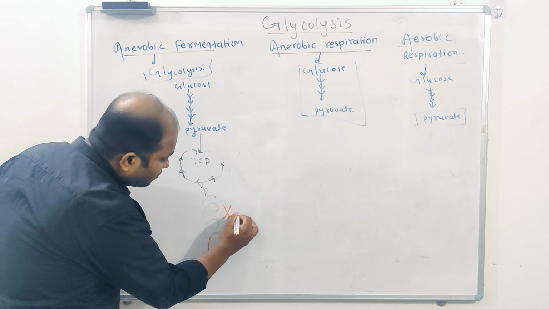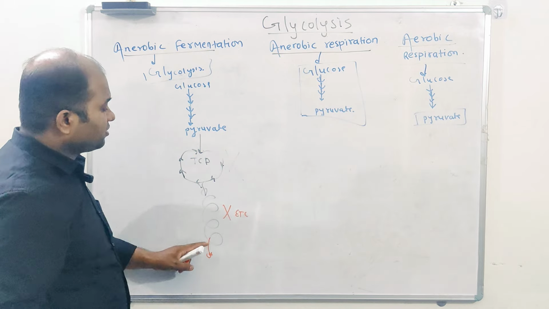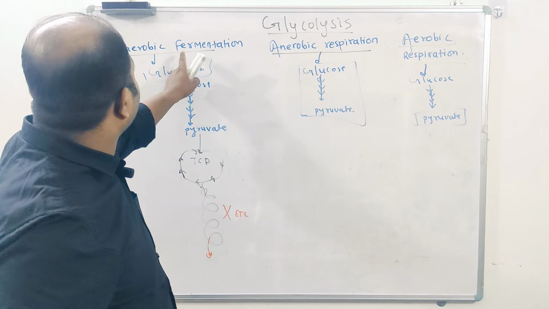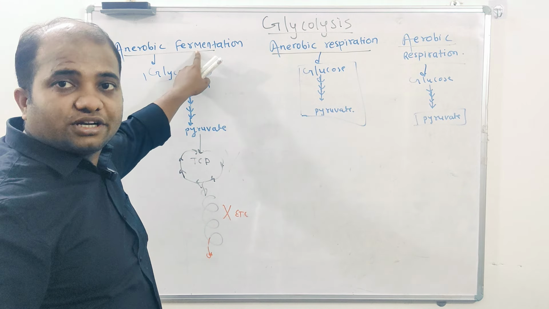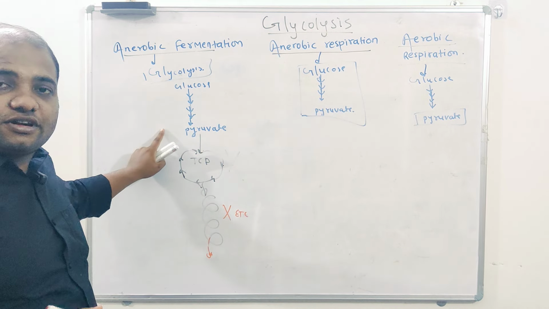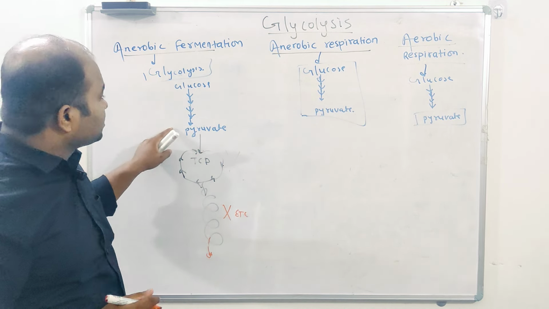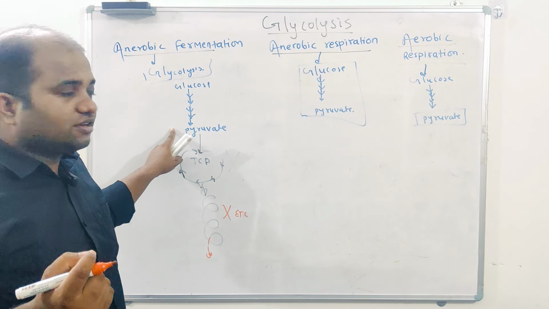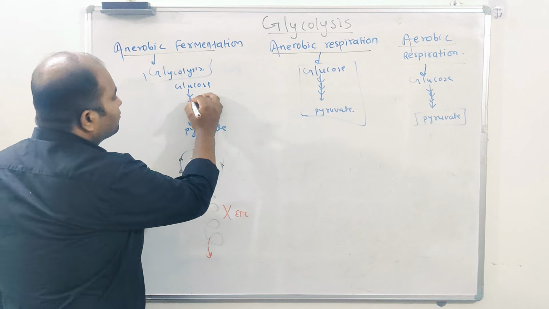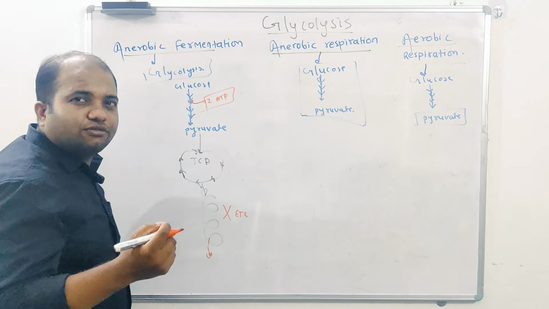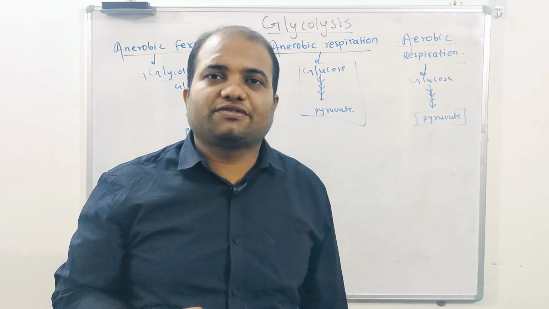So the electron transport chain is also absent in anaerobic fermentation. That means it is a primitive metabolic pathway, and only glycolysis is the source of energy production. And glycolysis will produce only 2 ATP, right? That means only a small amount of energy is produced in anaerobic fermentation.